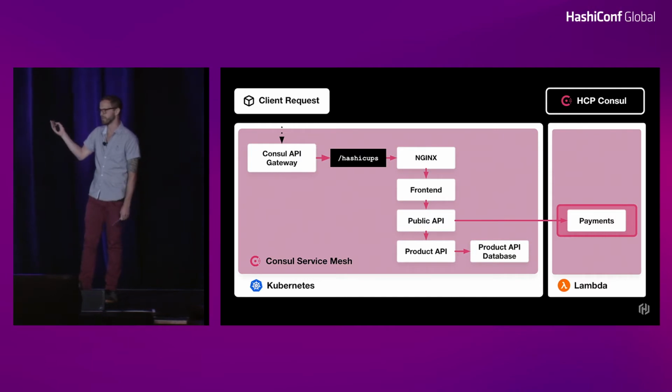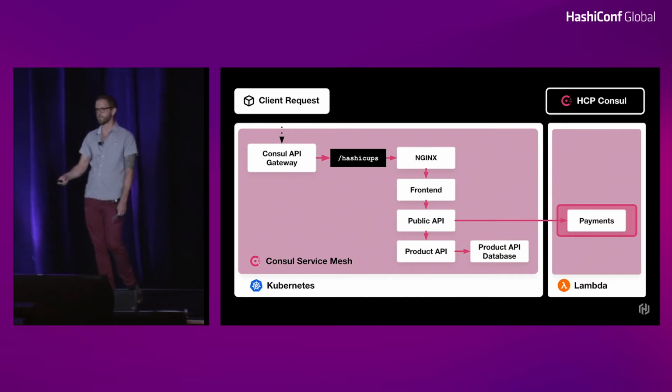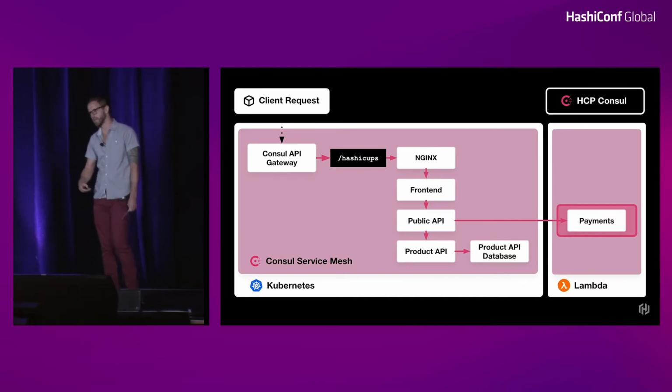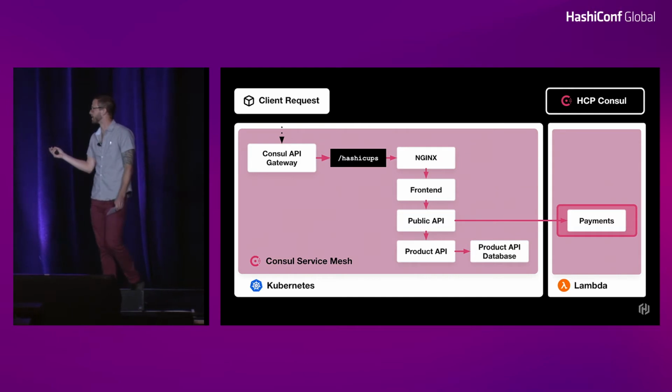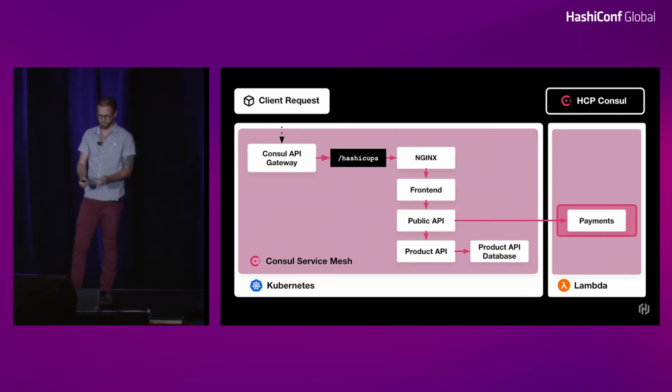And for those of you who aren't familiar with Lambda, Lambda is a serverless compute service that's in AWS. It is great for certain applications. In this case, our payments application and microservice is a single function application in our architecture here. And so it's a prime candidate for using AWS Lambda to offload some of those responsibilities.